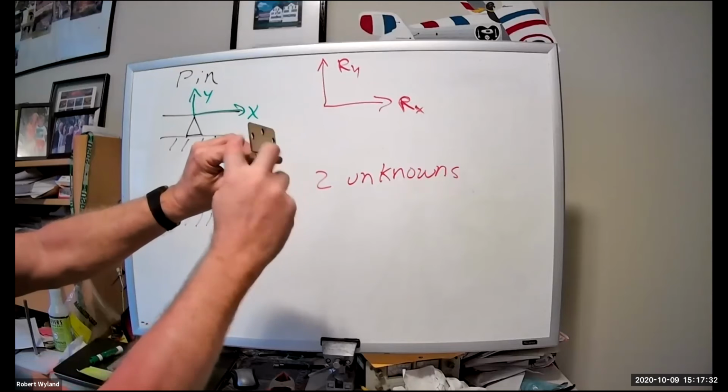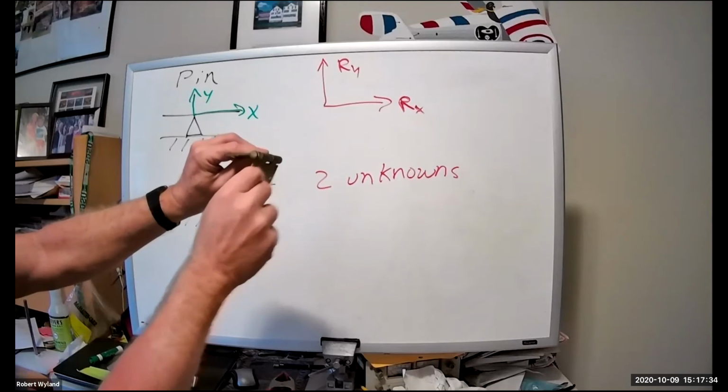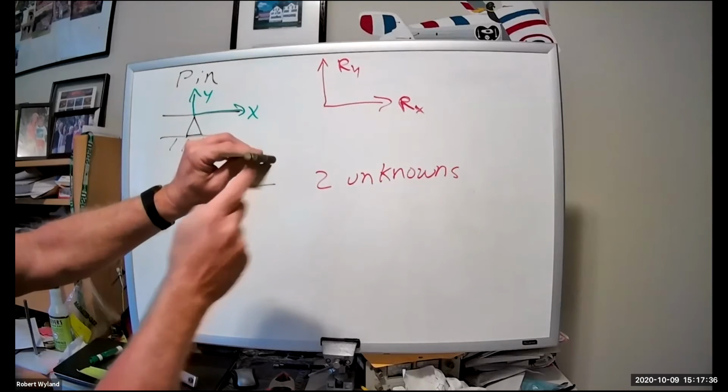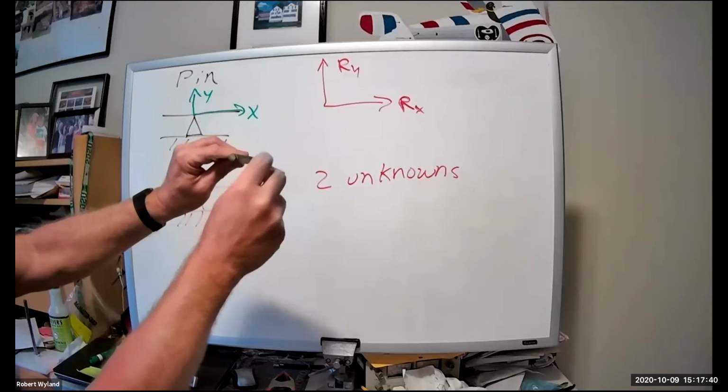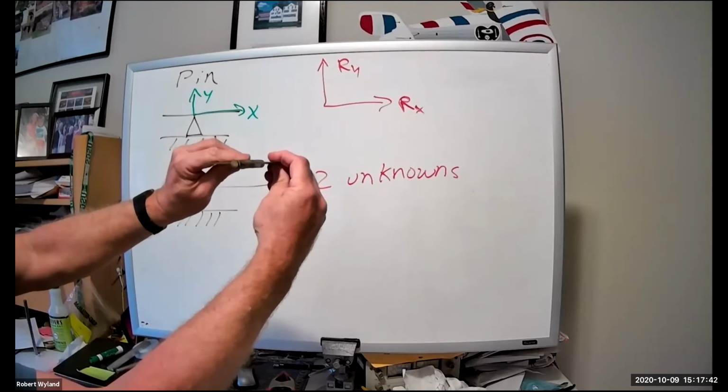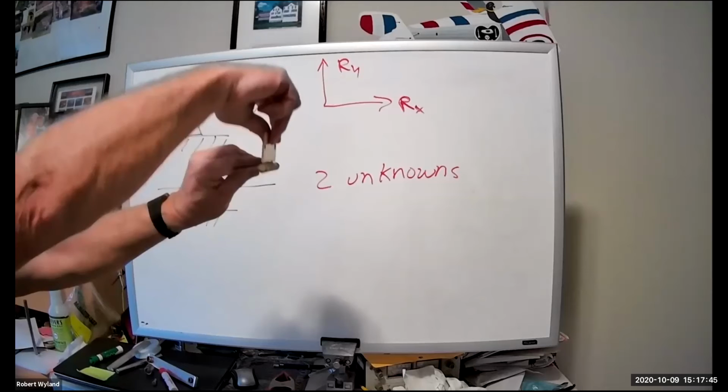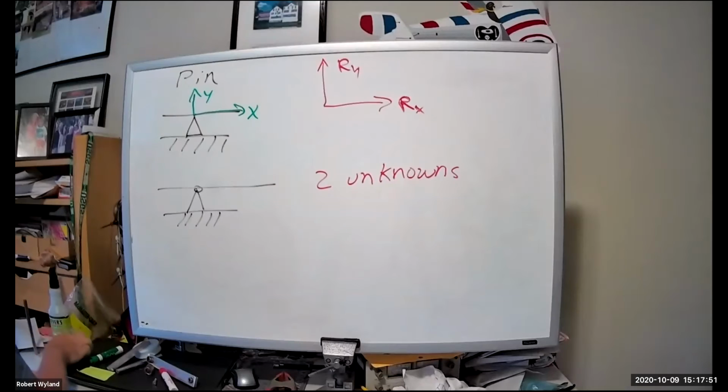So that's why we say there's no moment reaction here. There's no force resisting this turn. There's no structural member resisting that. But there is in the X and in the Y. What we're looking for is forces that are resisting or reacting to a force.